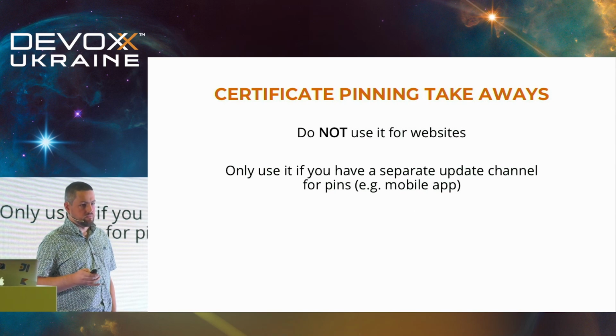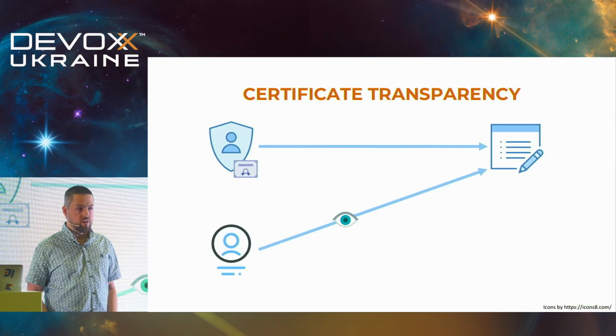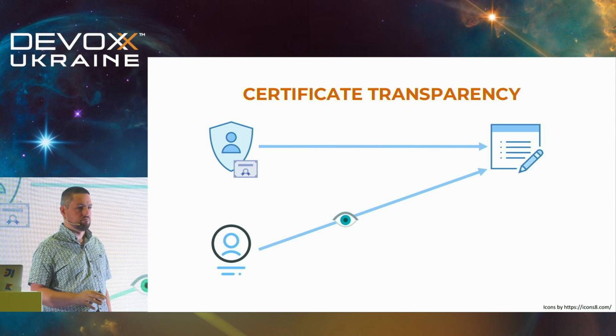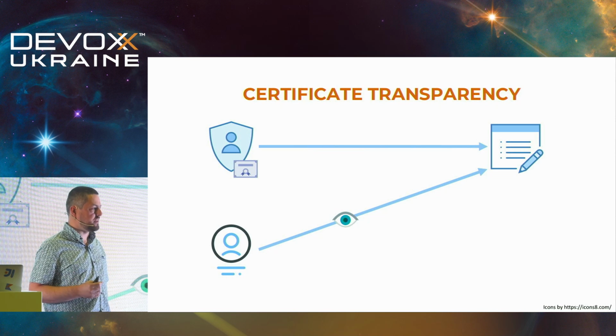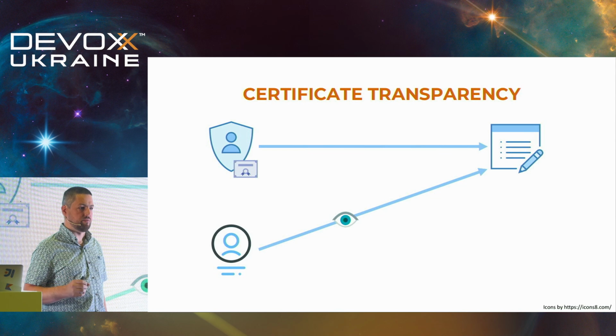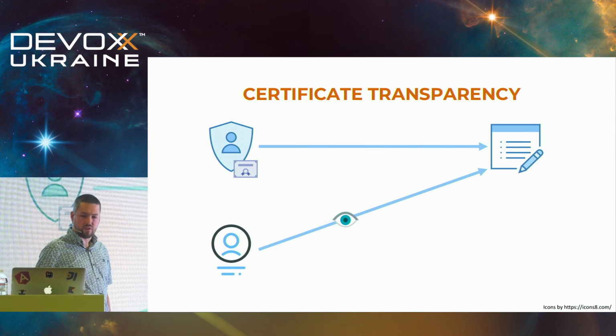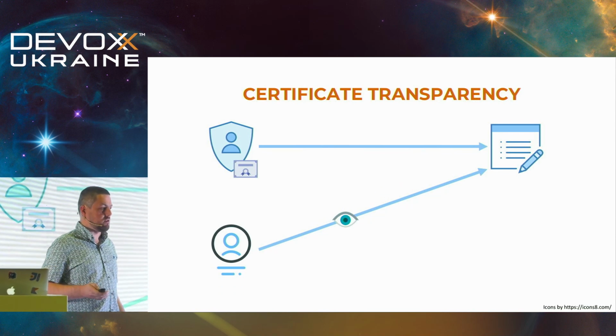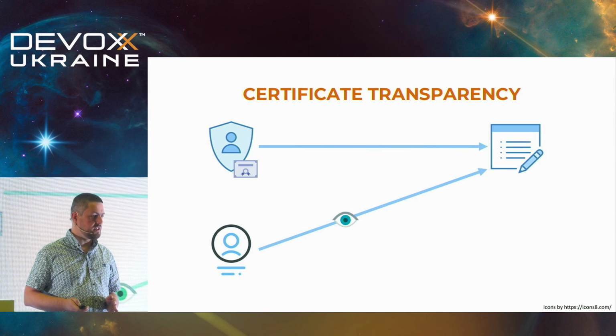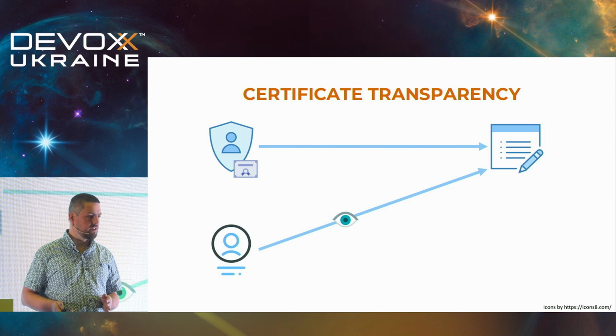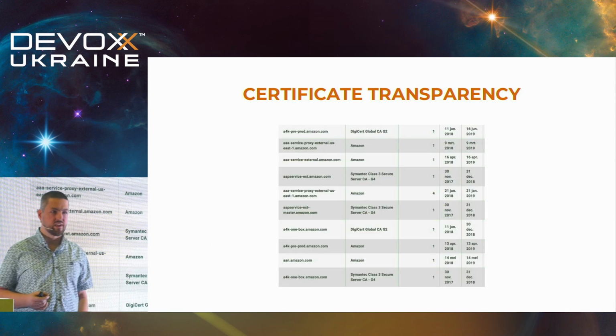Instead, something new was thought up, which is not quite as strict, but which can still help you. And that's called certificate transparency. As I've said, there are quite a few certificate authorities, nearly 170 on my machine. Numbers vary, each computer has different ones.